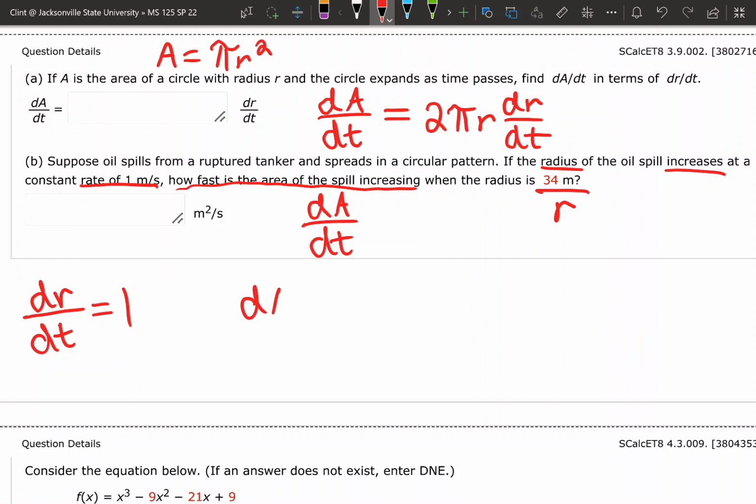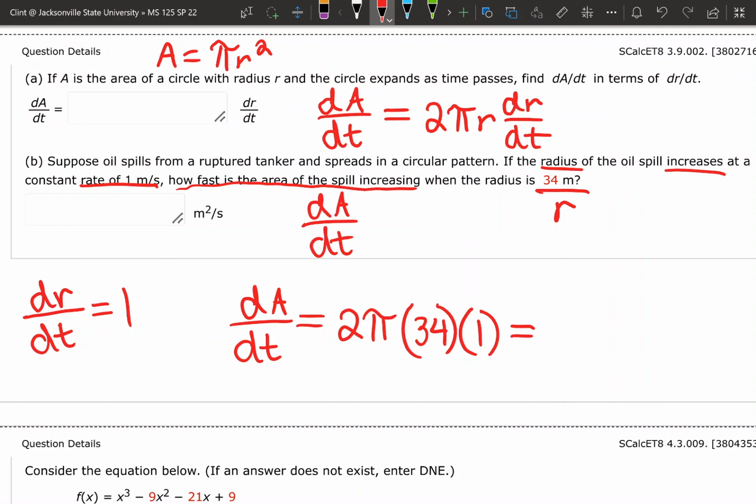So we can just plug in on this one, nothing too terrible. Not as bad as some of them were. Yeah, so we have 2 r, it says is 34. dr/dt is 1. So we're doing exact terms here.